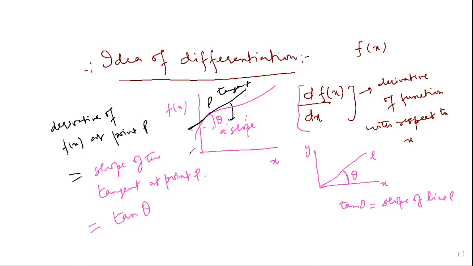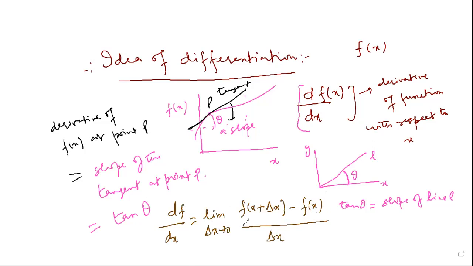This is the geometrical interpretation, and mathematically this actually is the limit. This actually is the value of this limit. I write here df by dx is limit delta x tending to 0 f of x plus delta x minus f of x over delta x. So geometrically this derivative is the value of this limit, right?